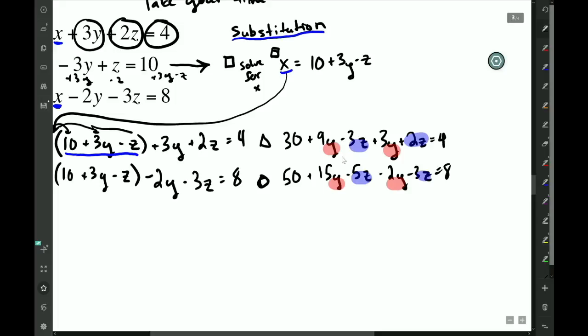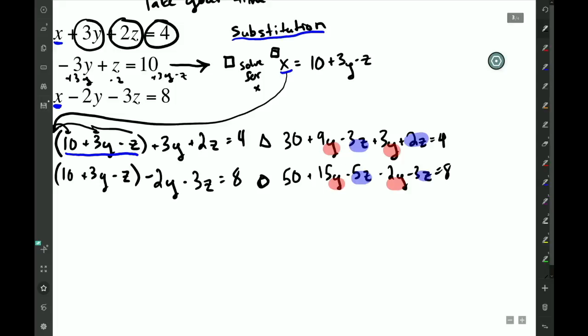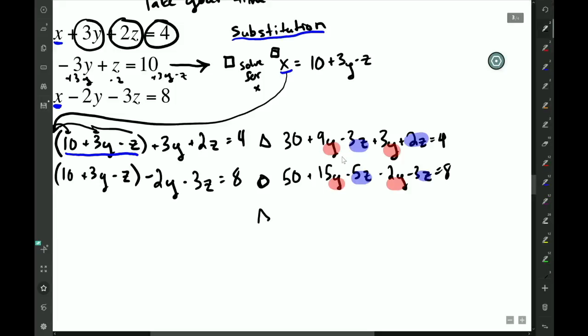Okay, combine like terms, so we're going to keep simplifying. So triangle and circle. 9y plus 3y is going to be 12y. My z's are going to give me a negative z. And if I subtract 30 and subtract 30, I'll have negative 26.